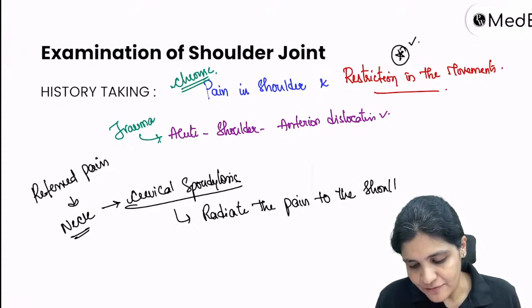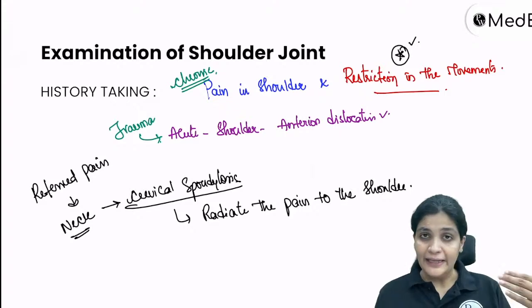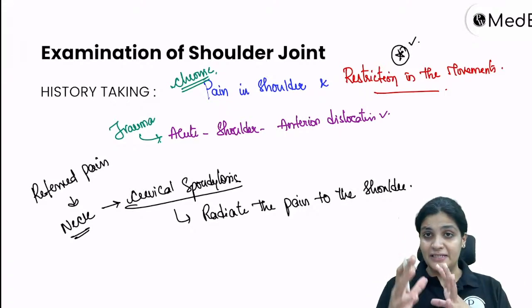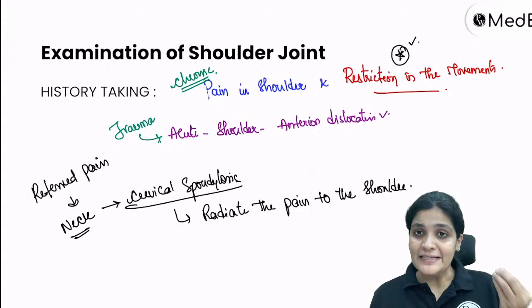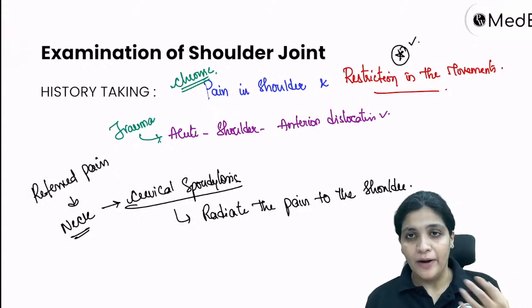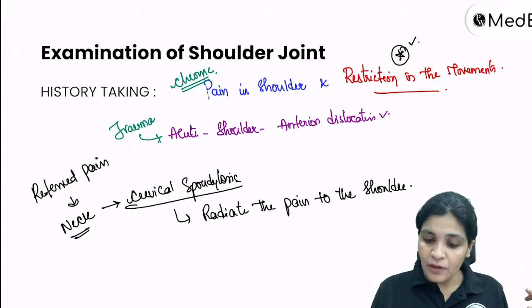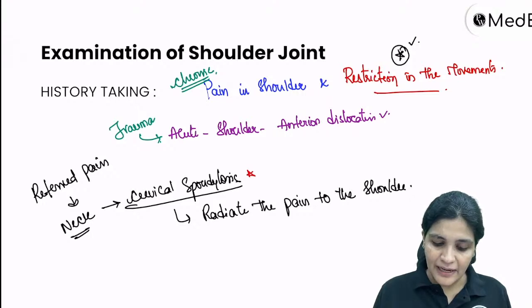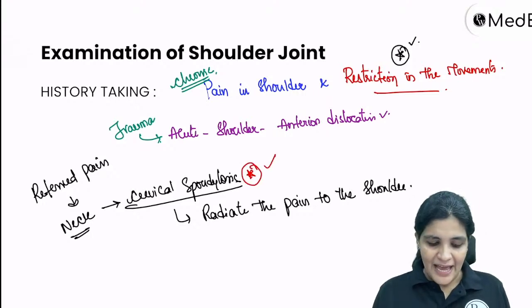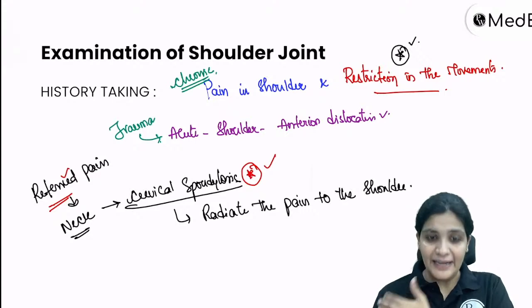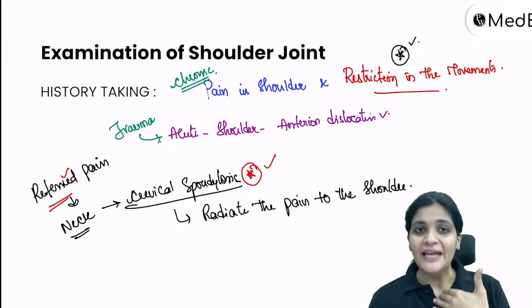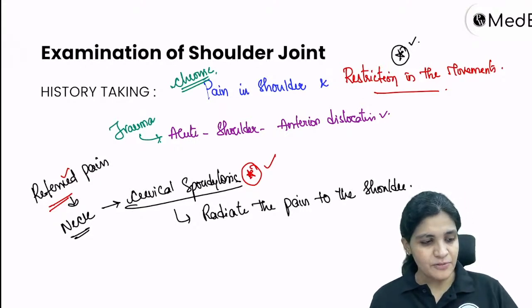So you have to be very careful whenever you're dealing with a patient presenting with shoulder pain, and you have to make sure that this pain is arising from the shoulder joint itself. There is one more possibility, that it could be a referred or radiating pain from the cervical area. So you have to be very careful.